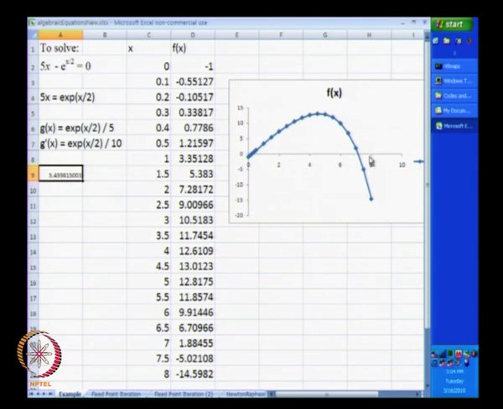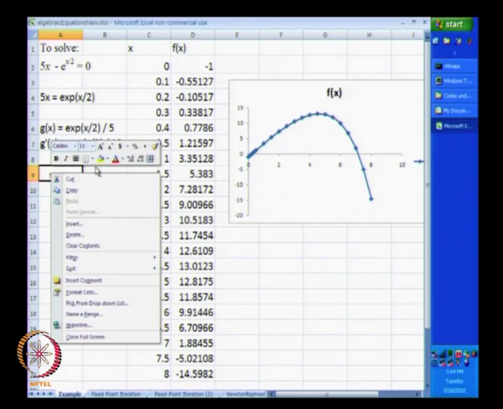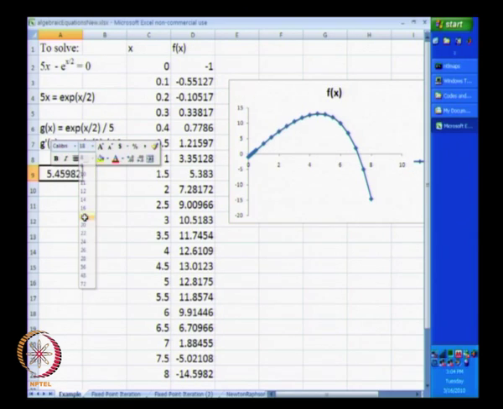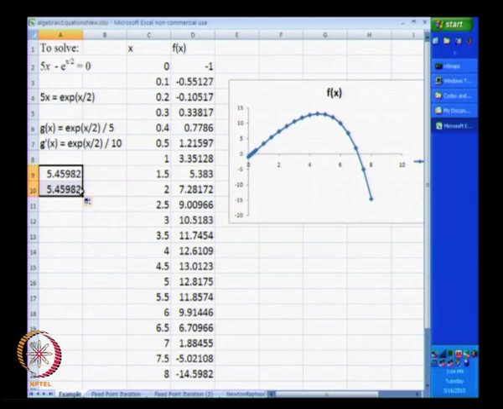So what we see here is that g dash of x computed at that value is greater than 1, which means that this method is perhaps going to diverge. Let us look at another case when we started with say 0.001. If we compute exp of 0.001 by 2 divided by 10, we find that indeed that value is less than 1.